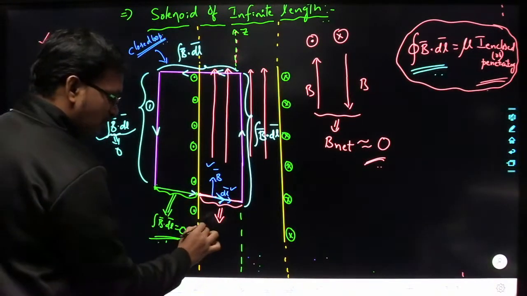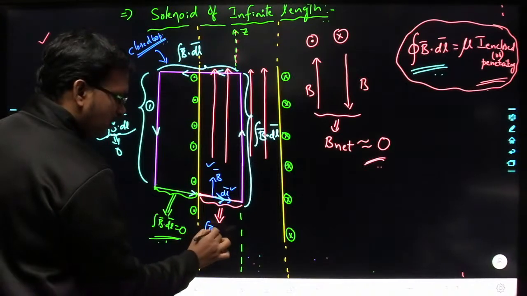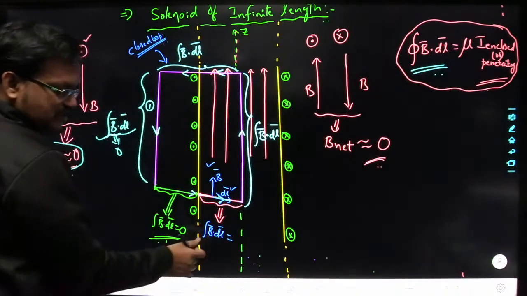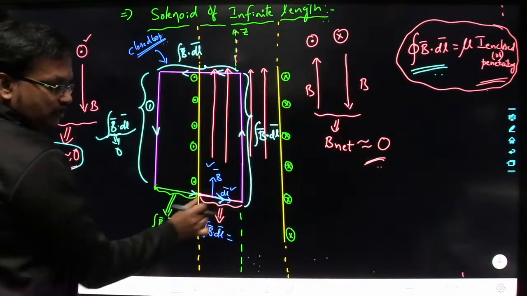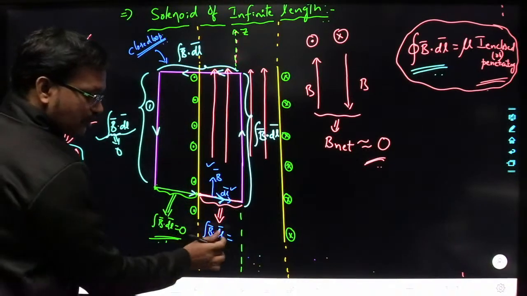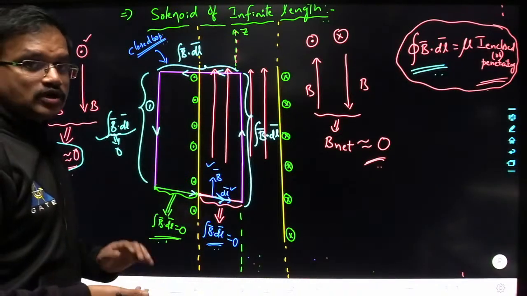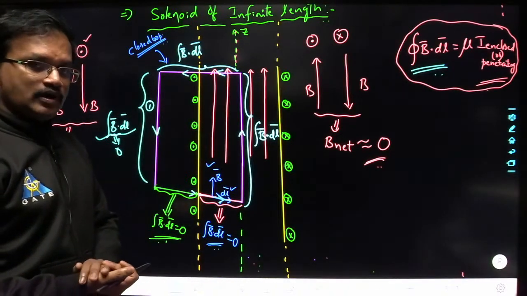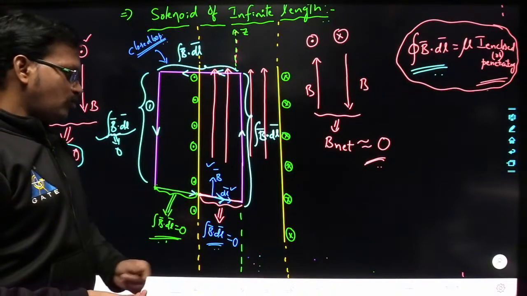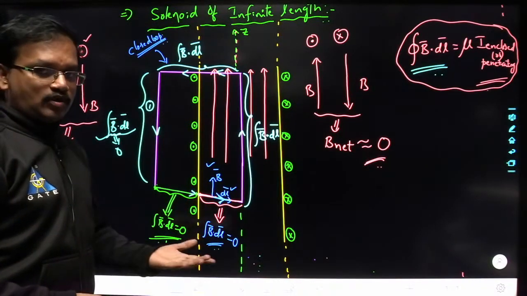So in this case, what you are going to get? Integral B bar dot DL bar is equal to what? Since B bar and DL bar both are perpendicular to one another, what you are going to get? You are going to get integral B bar dot DL bar is also equal to 0. See, if these two are perpendicular to one another, what happens to the dot product? Dot product will become 0.